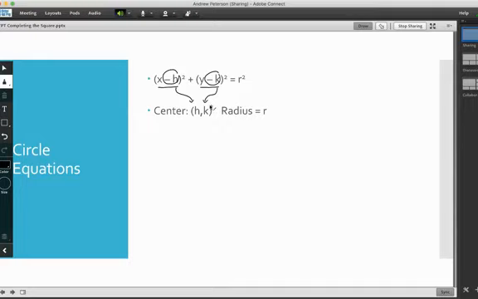What this really means mathematically is we always take the opposite of the value that's given to us. So for example, if we were given (x - 2) squared plus (y + 5) squared, let's say that was equal to 25. This would mean that the center would be at, changing the sign, positive 2 and again changing the sign negative 5.